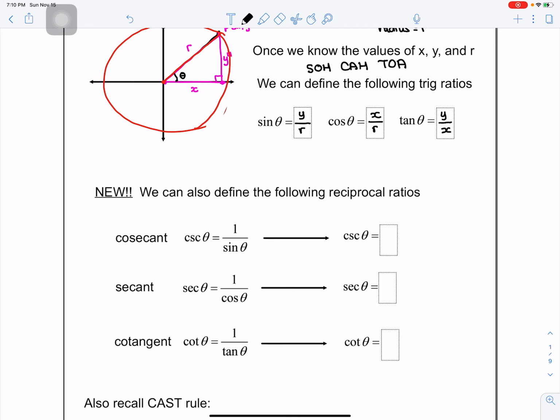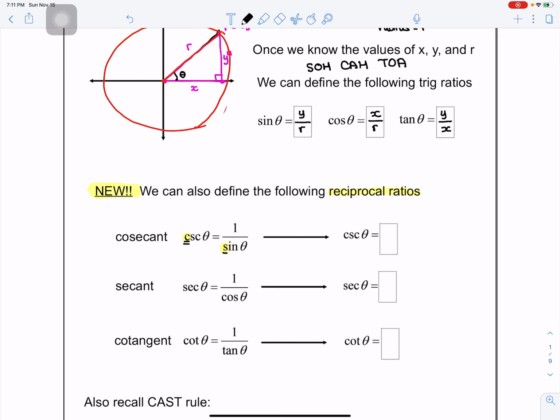And now this part is new. We're going to define some reciprocal ratios. With the reciprocal ratios, we know that C is cosecant and S is sine. And when I put these trig ratios together, you have to remember a C goes with an S. So sometimes people can't remember whether cosecant goes with sine or cosine.